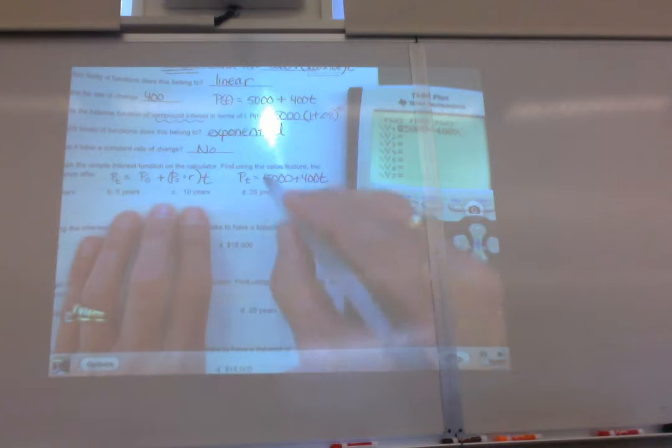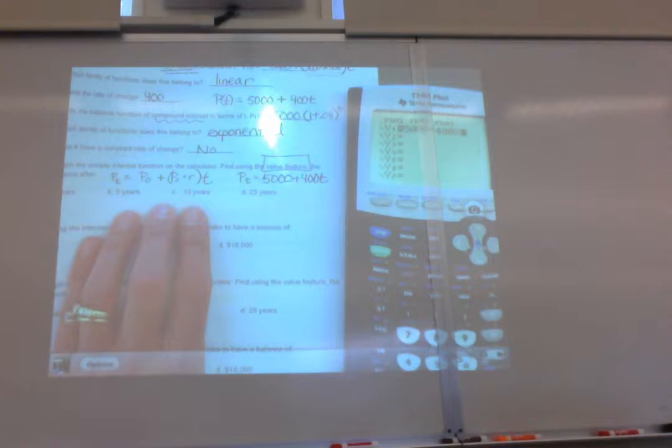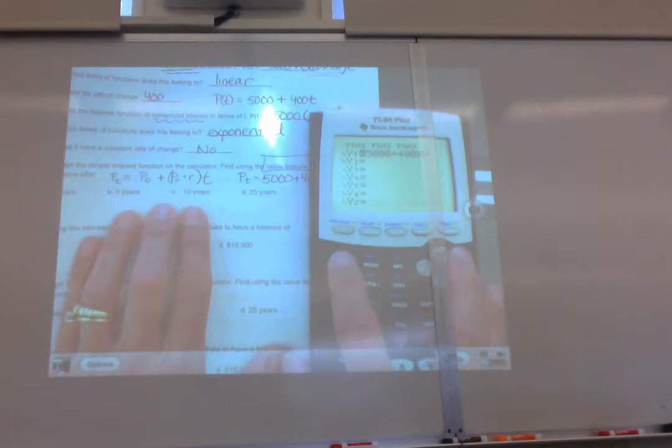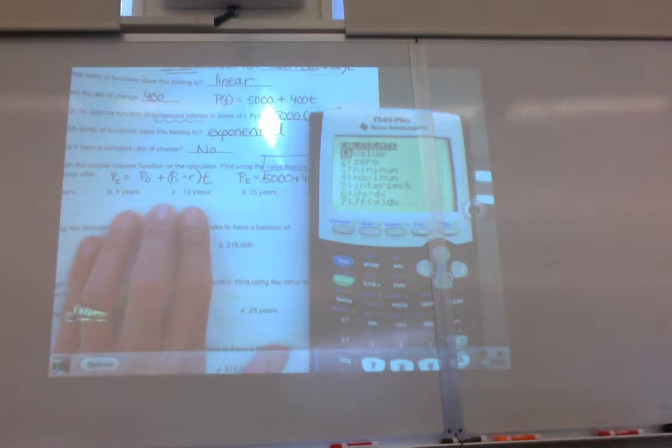Okay, they tell us to use the value feature. That's in calc. Go second calc. Do you see where it says value? Yeah, that's number one. Good. Push enter.